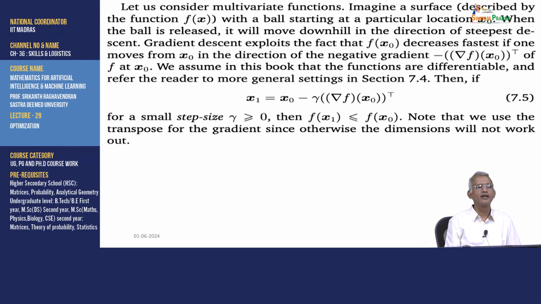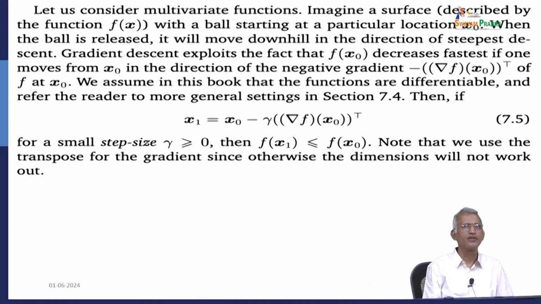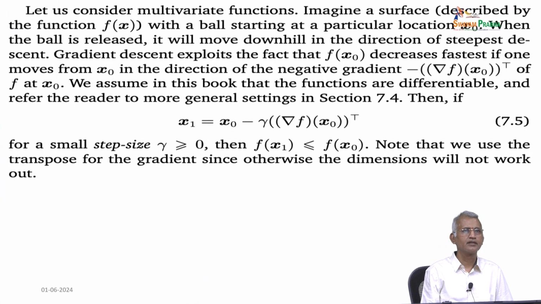Let us consider a multivariate function. Imagine a surface described by the function f of x, with a ball starting at a particular location x naught. When the ball is released, it will move downhill in the direction of steepest descent.